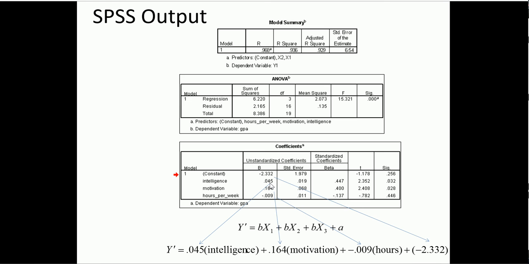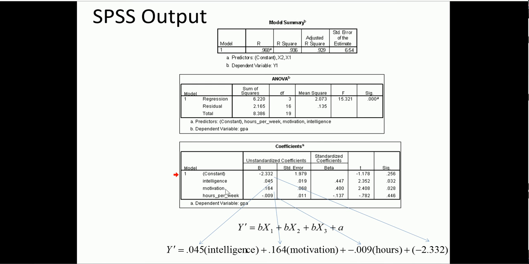Looking at the t-test for that, the p-value is 0.032. If we were using a traditional cutoff of 0.05, it's close, but we would reject the null hypothesis and say that there is a positive relationship between intelligence and GPA.